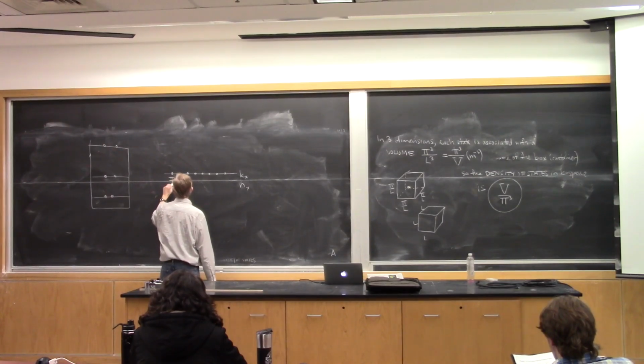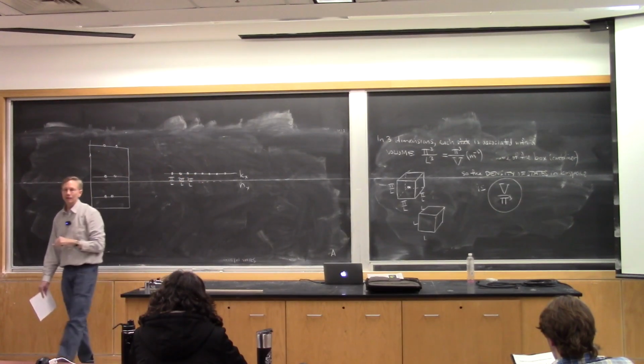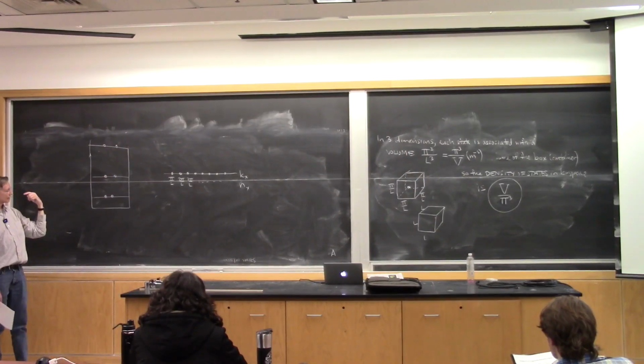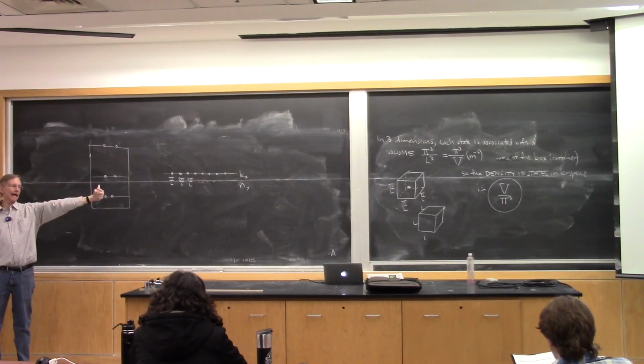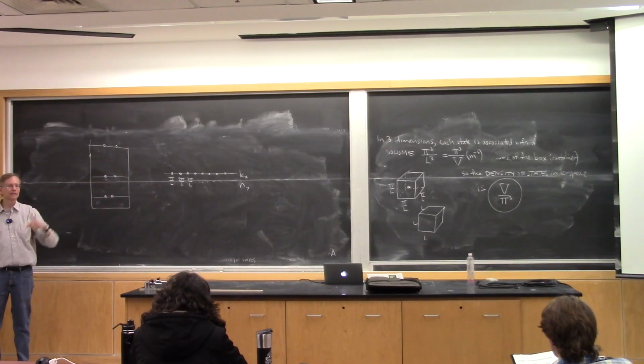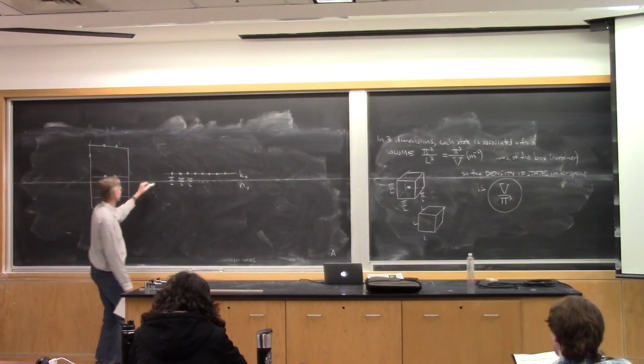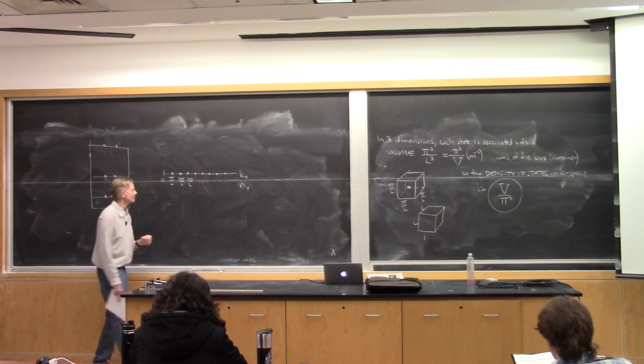So here's pi over L, 2 pi over L, 3 pi over L, etc. I just make dots along the kx axis, because for a one-dimensional particle, there's only the kx axis of K space. And here's the origin 0.